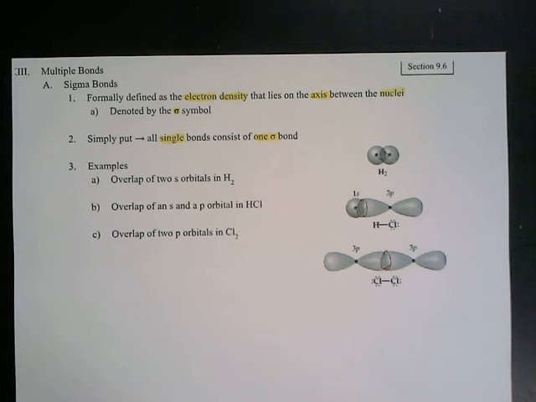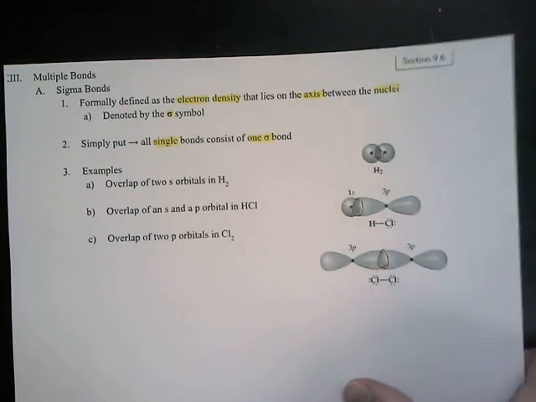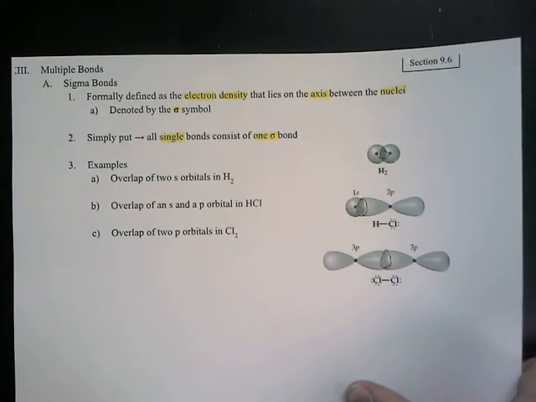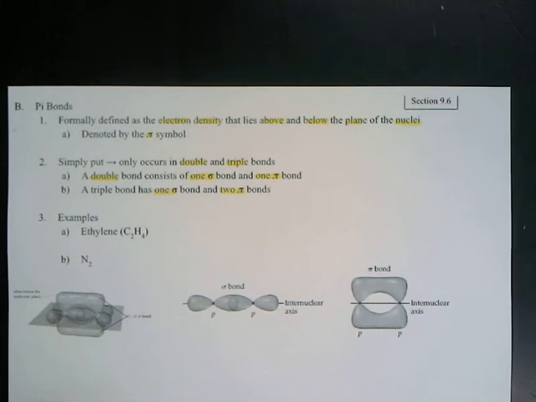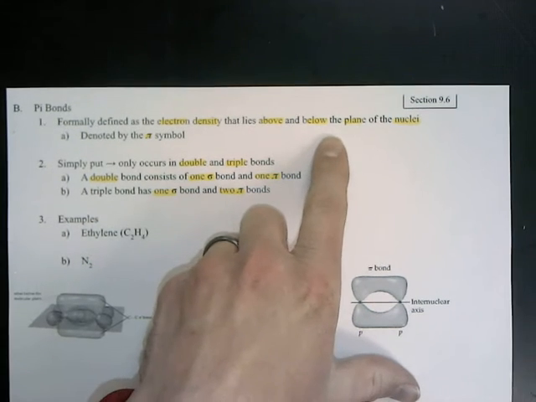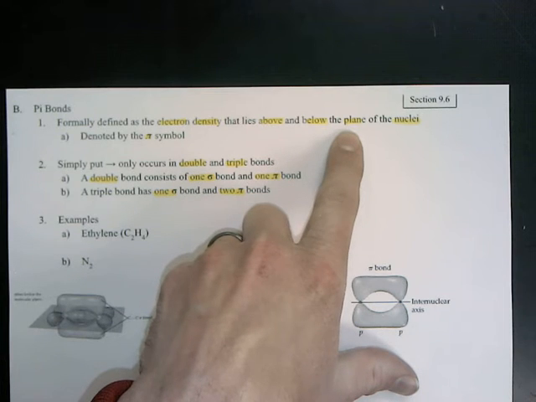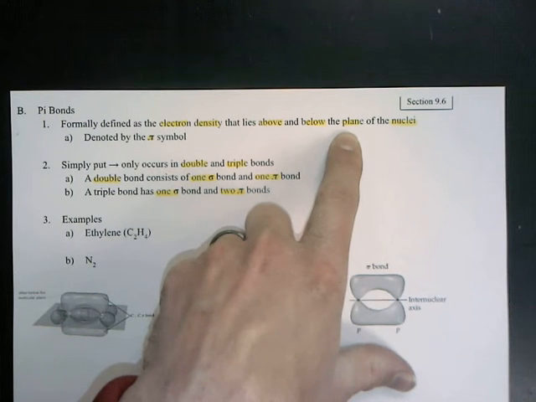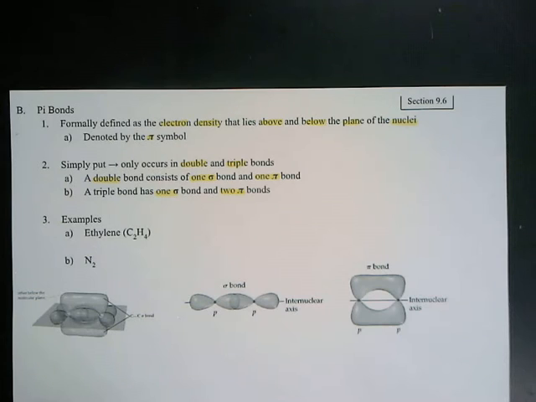Now what happens here is that as atoms get closer and closer, those other orbitals begin to overlap. So as you have overlap that occurs above and below the plane of the nuclei, you begin to develop these pi bonds.